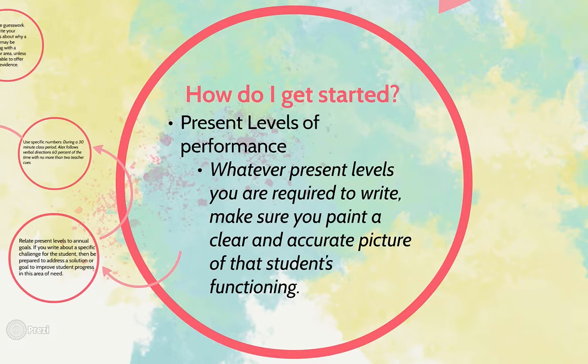Some teachers are only required to write an academic level of performance, but other teachers may be required to write one about social emotional health, self-help skills. There's a variety of present levels, so make sure you know which ones you are required to write for the IEP and which ones other team members will be writing.